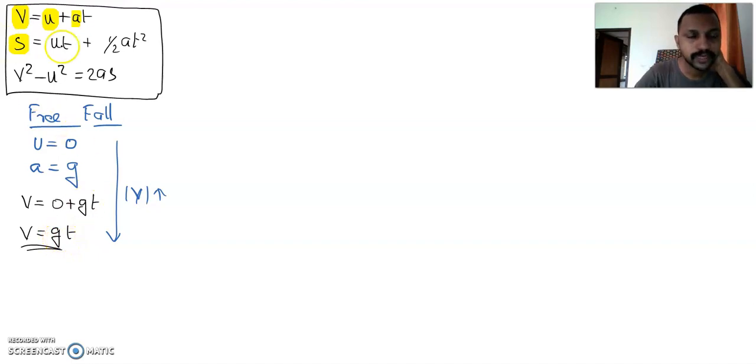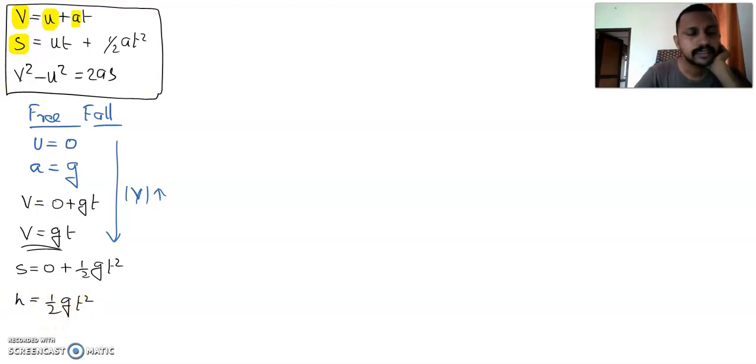This is how we can simplify the first equation of motion in a free fall situation. Then in a freely falling situation, the second equation of motion, s is equal to ut plus half at square, can be replaced as s is equal to 0 plus half gt square. Since u is 0, this term will become 0. Then you could even write h is equal to half gt square.